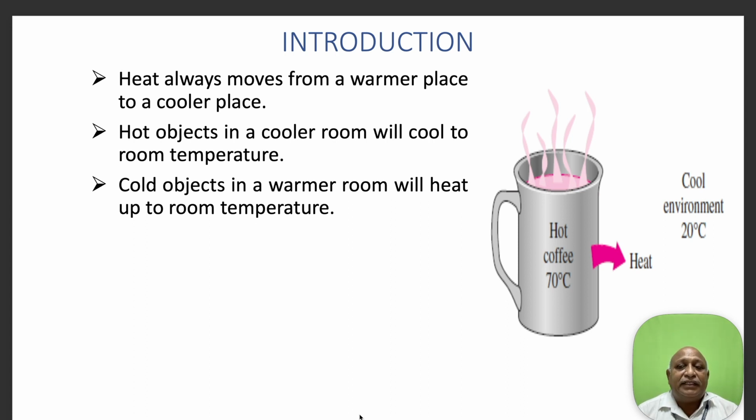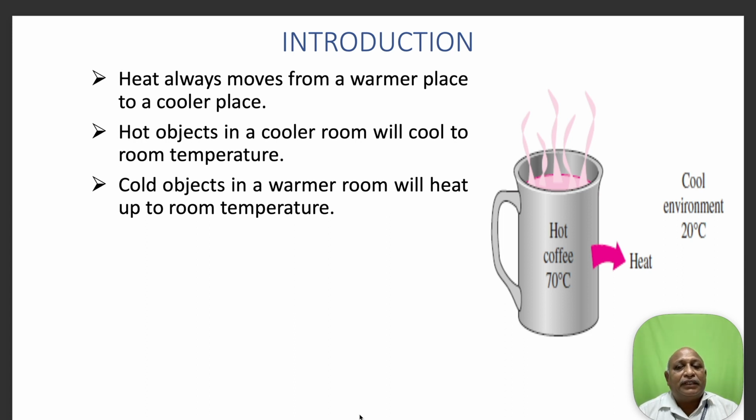Then, cold objects in a warmer room will heat up to room temperature. For example, here I placed hot coffee at 70 degrees Celsius in a cool environment of 20 degrees Celsius, and the coffee gets cooled to the environment temperature.